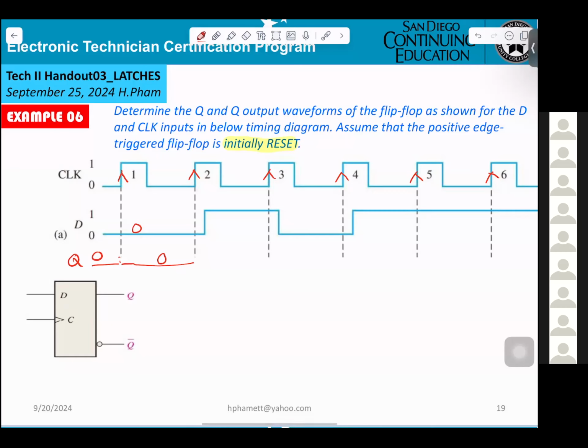Okay? And the next transition, then what is Q? Same thing. Still equal to D. Next transition, D is high, and that will be right.